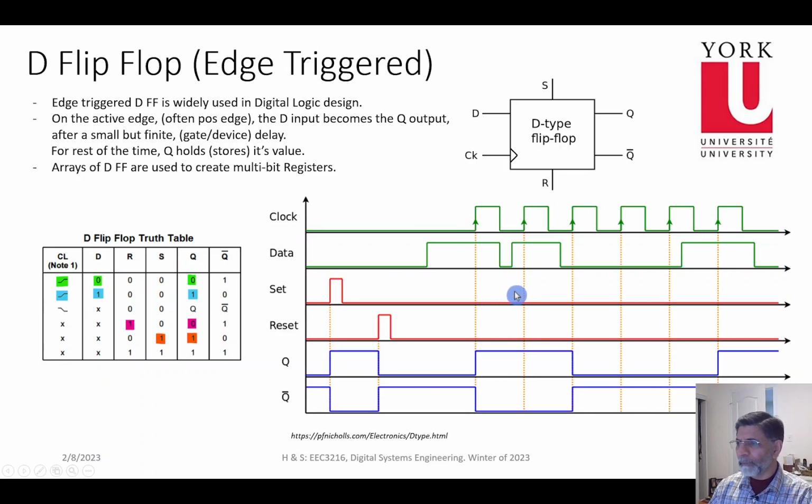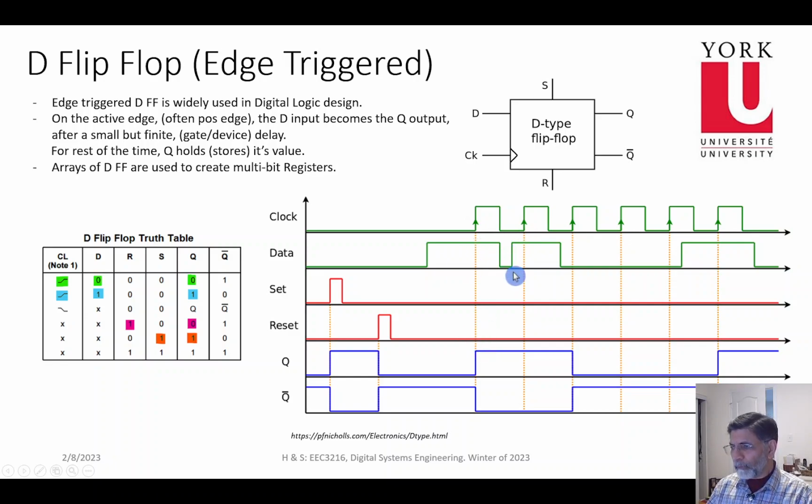Here's the timing diagram of the behavior of a D flip-flop. This is the link I got it from. For more information, you can refer to all of this. You can see when set is asserted, Q goes high. When reset is asserted, Q goes low. When the rising edge of the clock happens, Q gets the value of D again.